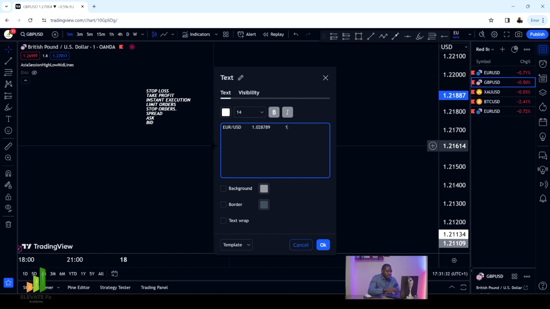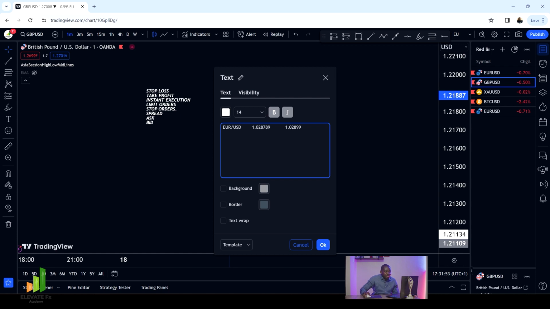Maybe you see it at 1.02899. What that means is your broker is going to buy from you at this price, but sell to you at this price.